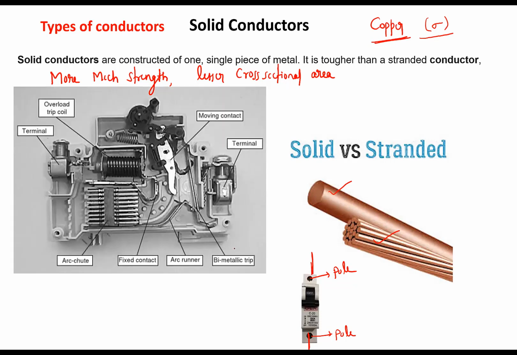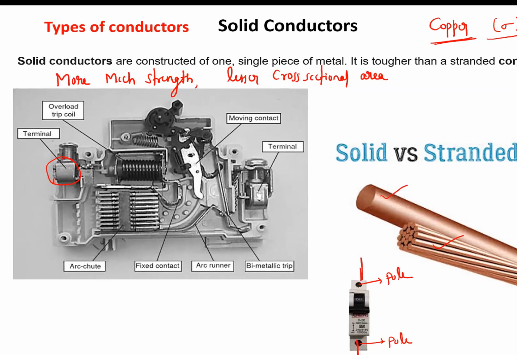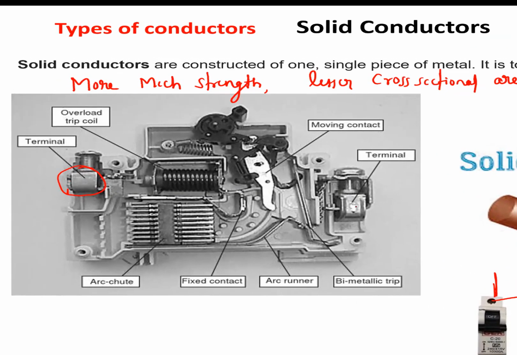So this is a basic diagram. If you open the single pole circuit breaker, it looks like this. Here this is one terminal where you place the conductor. It is the copper strip, which is a solid conductor. Here one more terminal is there. Again, it is made up of a solid conductor, which is a copper strip.